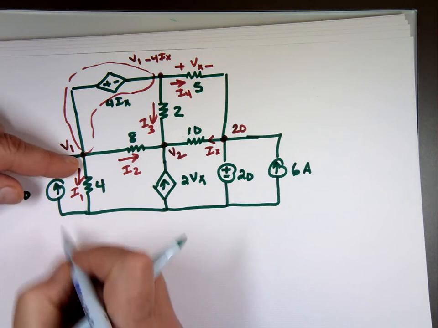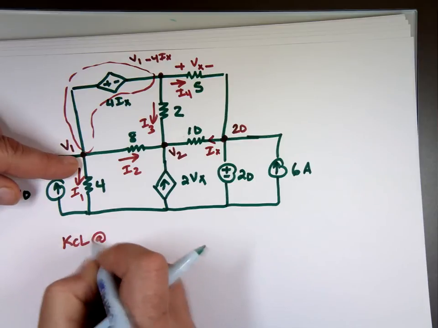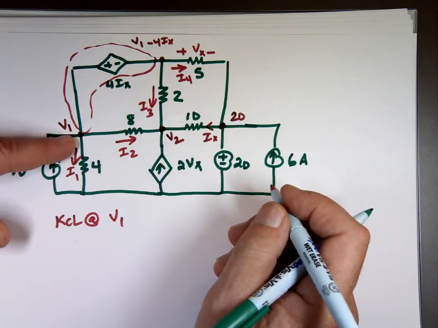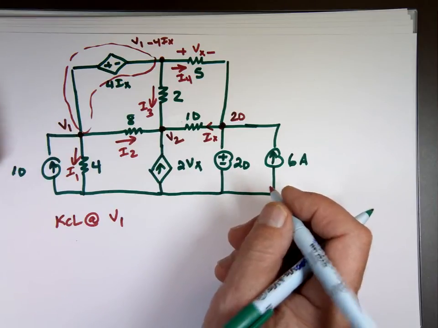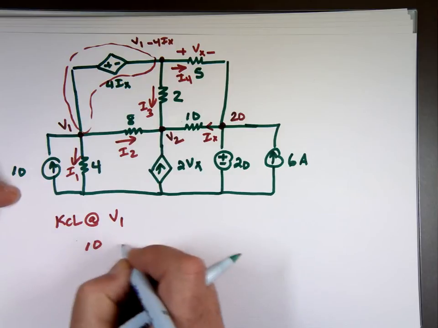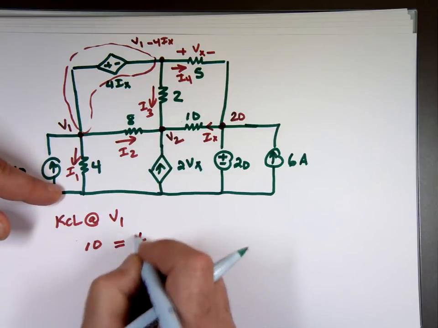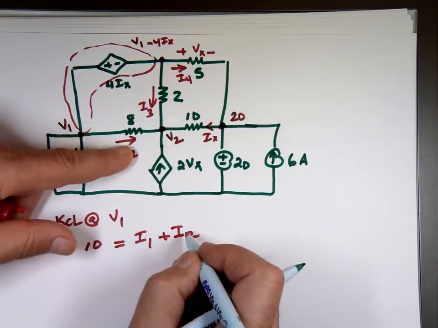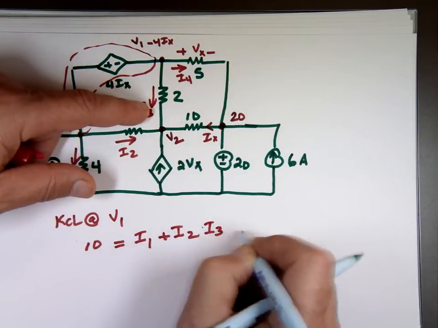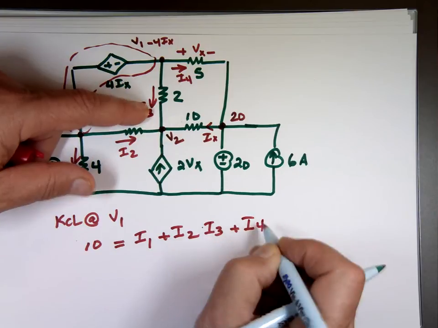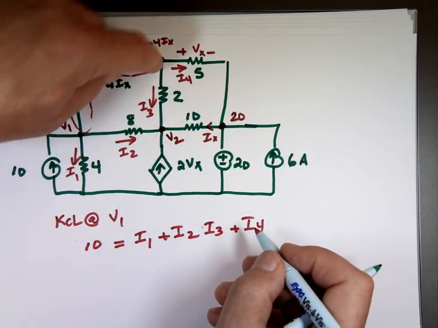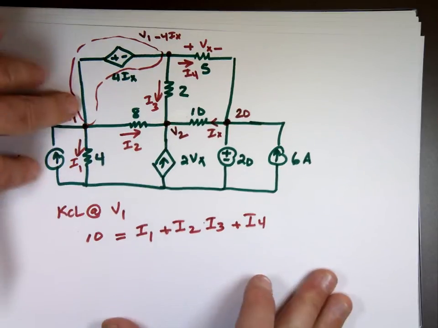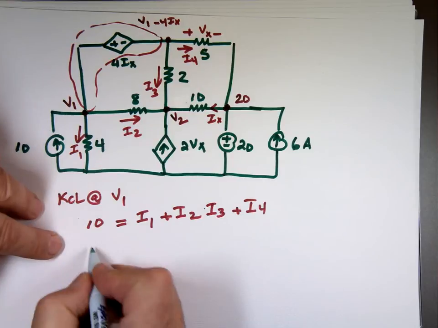KCL at V1. The current going to V1, what do we have going to it? The 10. What is leaving? I sub 1, I sub 2, I sub 3, that's a supernode, and I sub 4. 10 equals, what's I sub 1?